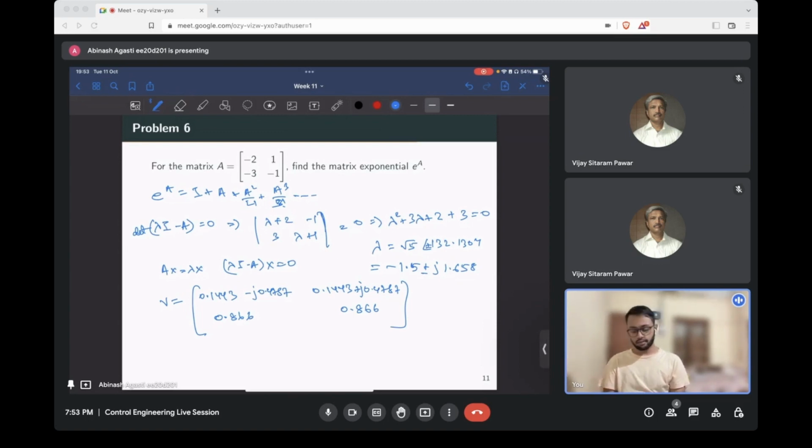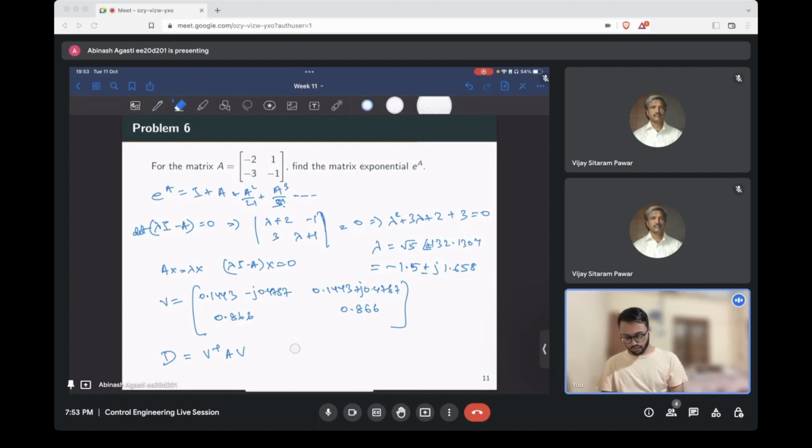Then what we want to do is find that diagonalized matrix, which will obviously contain only the eigenvalue terms. How that is obtained is D is equal to V inverse A V. Then it turns out, good for us, e to the power At.